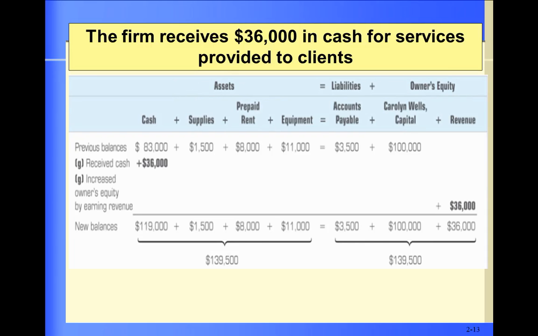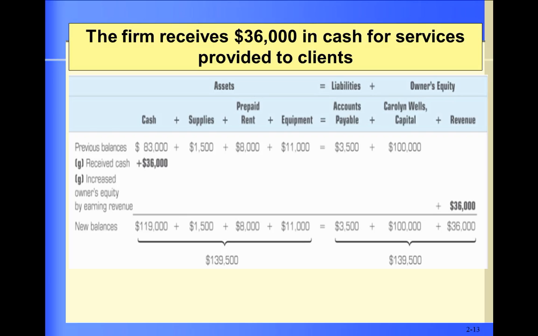Next, the firm goes out and actually does some work, and for that they earn $36,000 in cash. Now in this case, we're going to increase our cash balance by $36,000 because we actually did work and received cash for it. But at the same time, we've got to increase what is called revenue. Revenue is one way of money coming into the company. As we saw in the first transaction, the owner putting money into the company was one way to get money in there.